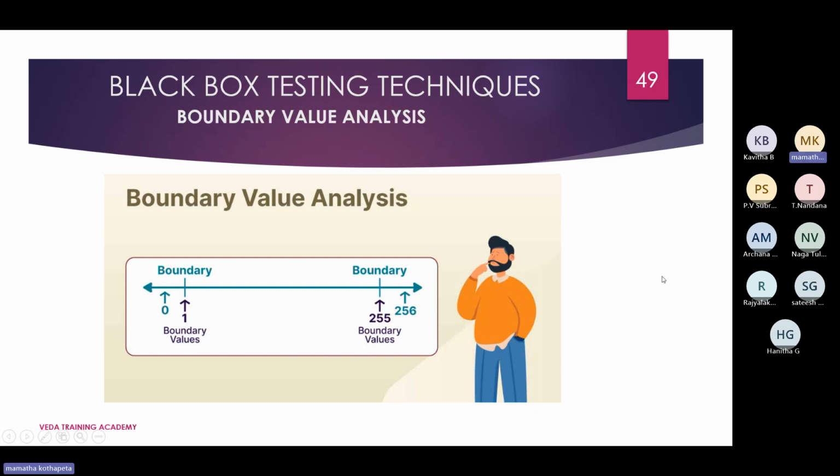If that input text box is accepting values between 0 and 256, as an example, then 0 is said to be the minimum and 256 is said to be the maximum. 0 is the lower boundary, 256 is the upper boundary. It means anything beyond 0, the input text box should not accept.